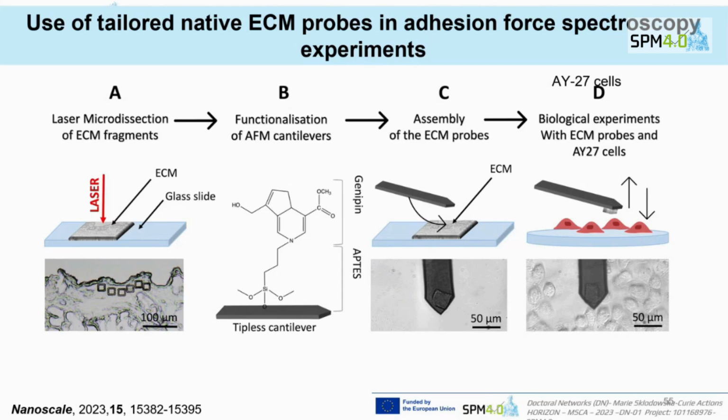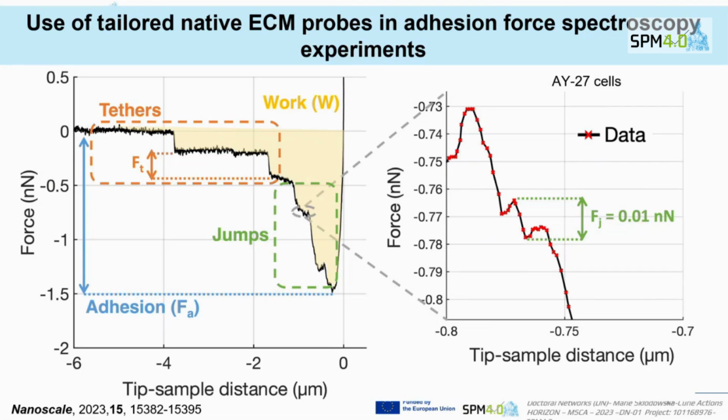Then with a laser, they cut out squares of that tissue. They put that on the probe, and they were checking the adhesion between this ECM slice and cells. And here is a complicated force curve for analysis. So they were checking all the tethers, all the jumps, and all other stuff.